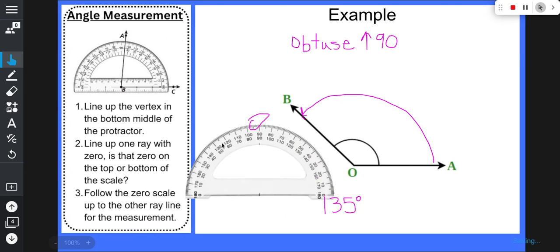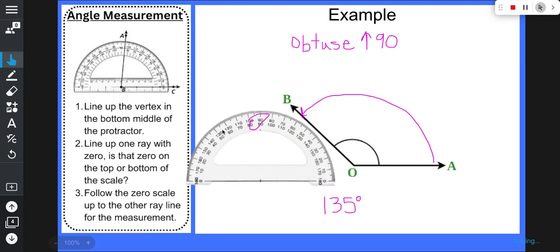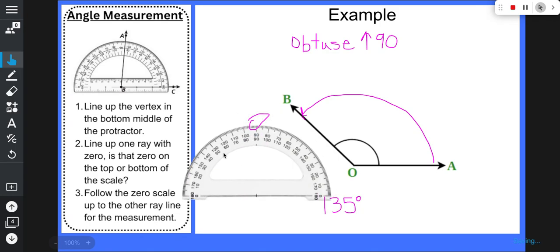Using a protractor is going to take some practice. Sometimes you need to turn your paper so that one of the lines is on the bottom and then the other line is going up somewhere into the air, just like the shape of our protractor here. The reason we have two scales of numbers is because sometimes our angle points the other direction.